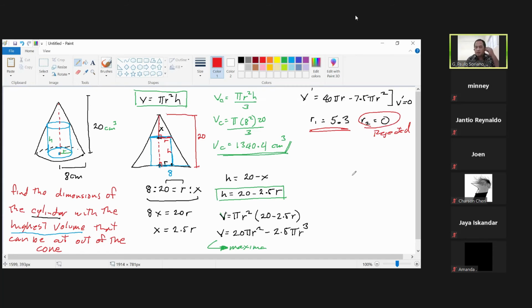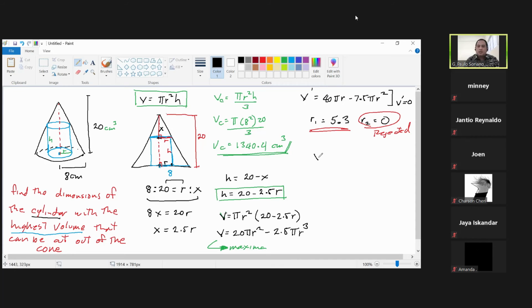Now, if this radius comes out as a maximum or a minimum, that is not what we are trying to look for. So we need to check the second derivative.